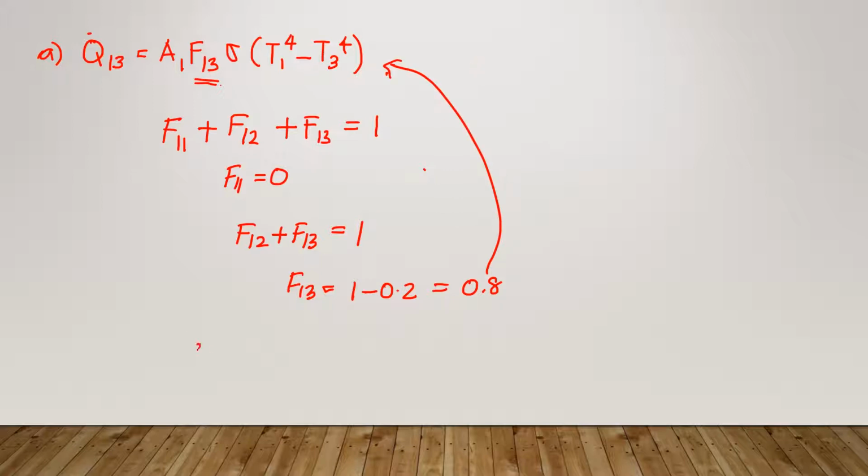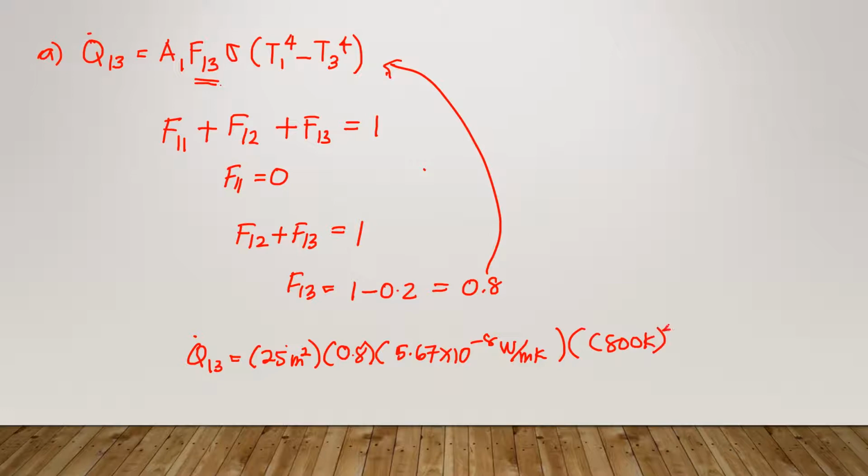So Q dot 13 equals the area 1, which is 25, 5 times 5 meter square, times 0.8, and 0.8 is for F13, and then times the Stefan-Boltzmann constant 5.67 times 10 to the power of minus 8 watt per meter square Kelvin to the power of 4, and then times 800 K to the power of 4 minus 500 K to the power of 4.